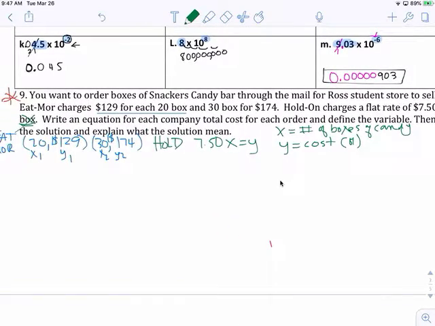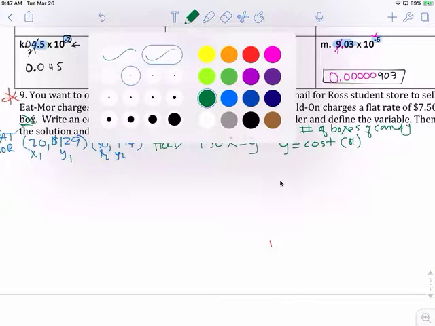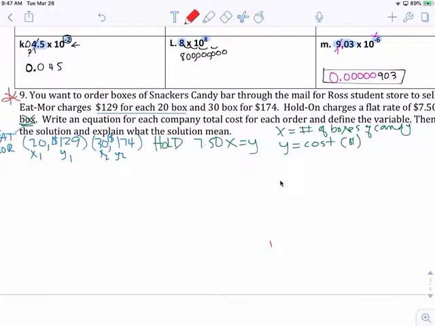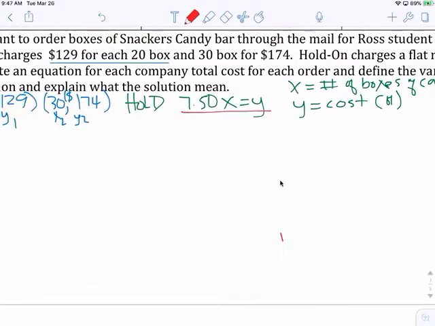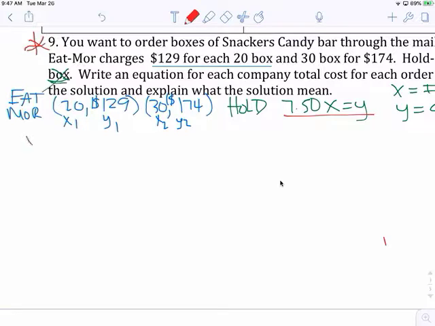Then find the solution and explain what the solution means. Okay, we need to find the solution. The solution means both companies charged the same amount for this many boxes of Snicker candy. Okay, first we got this equation. We need to find this other equation. So y minus y sub 1 equals m times x minus x sub 1. Y minus 129.